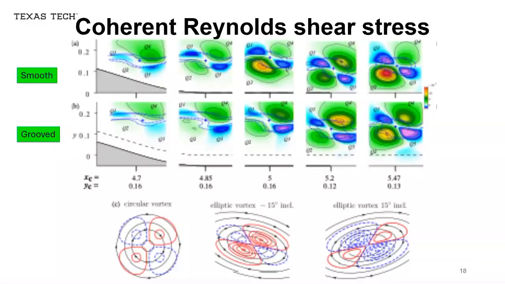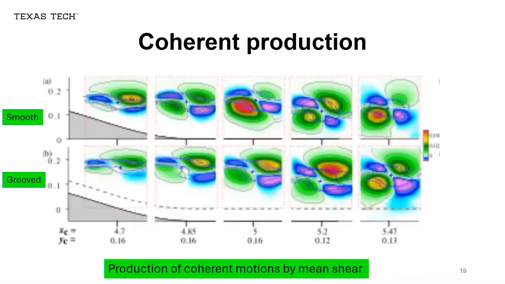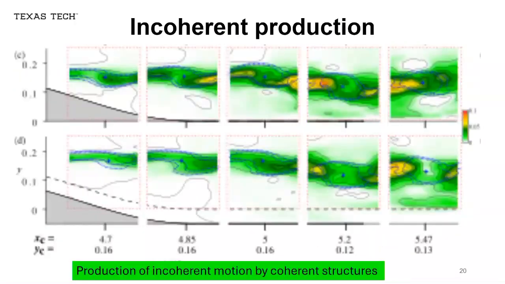And we see the effect of the grooves is that the peak of coherent Reynolds shear stress is always lower compared to the smooth wall. So the spanwise rollers, even though they are more organized, they are evolving to be weaker in the case of the grooves. Okay, here is the coherent production, but it's the same result. And another important thing is that from the coherent field, if we remove it from the total field, we obtain the incoherent part of the flow.